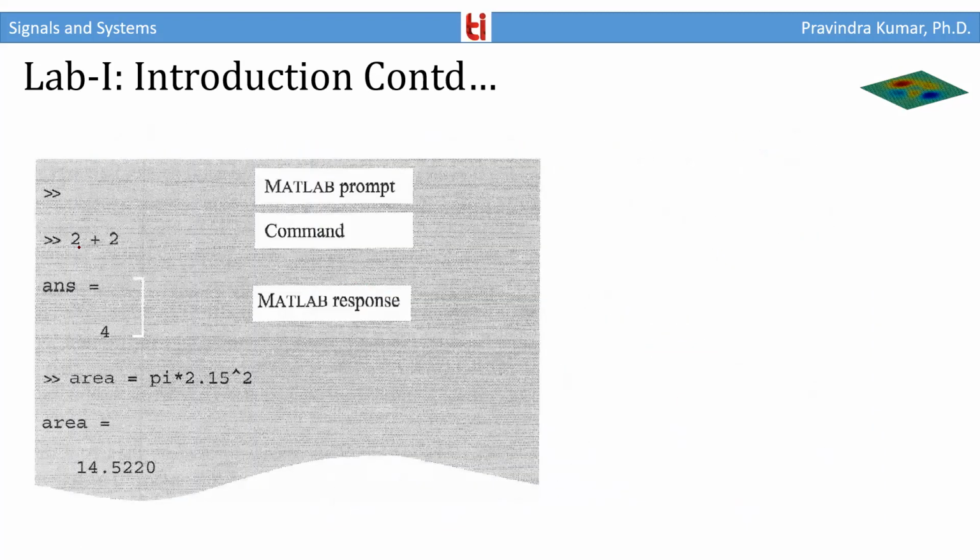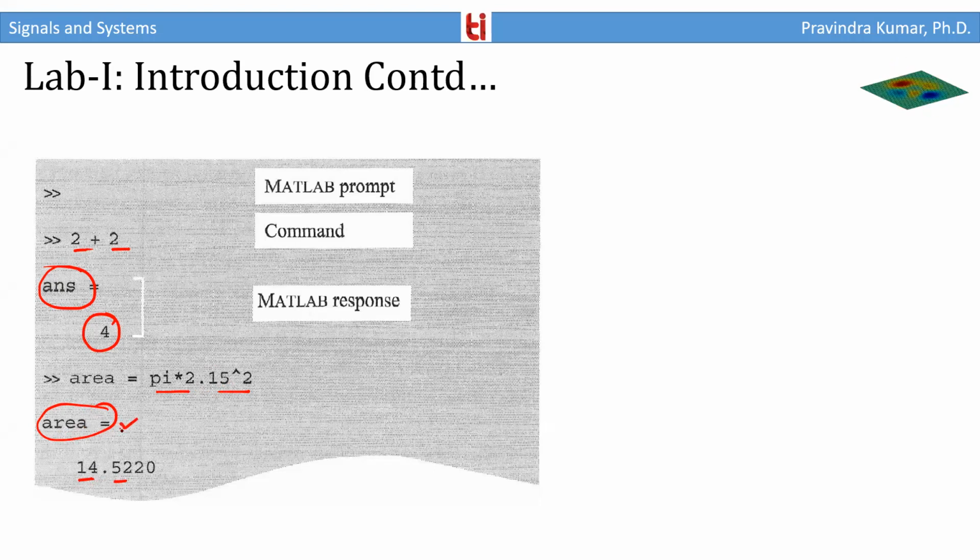if you type 2 plus 2, then by default it will show you the answer in variable ans. And the answer is 4. But when you give a variable to some calculation, 2 pi r square, where r is 15, the answer will be area is equal to 14.5.